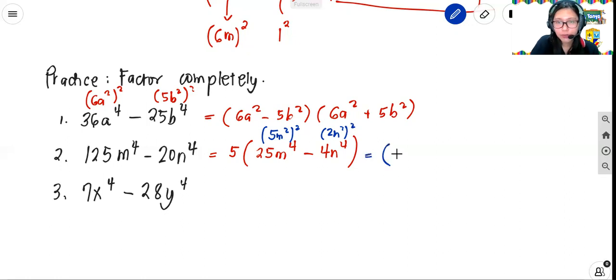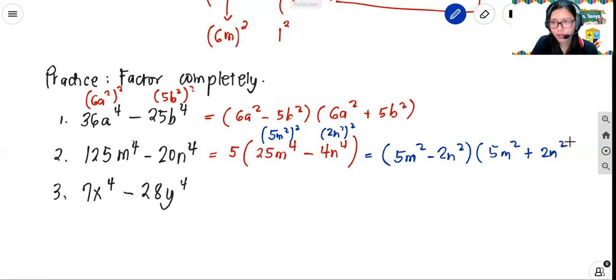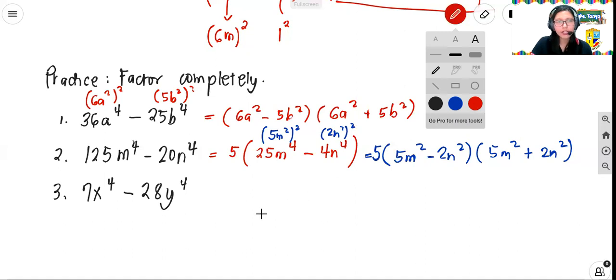So our factors would be 5n squared minus 2n squared times 5n squared plus 2n squared. But do not forget the 5 that we factored out, because if we don't put the 5 here, then we will not be able to get the given. Okay? Let's try the next one.